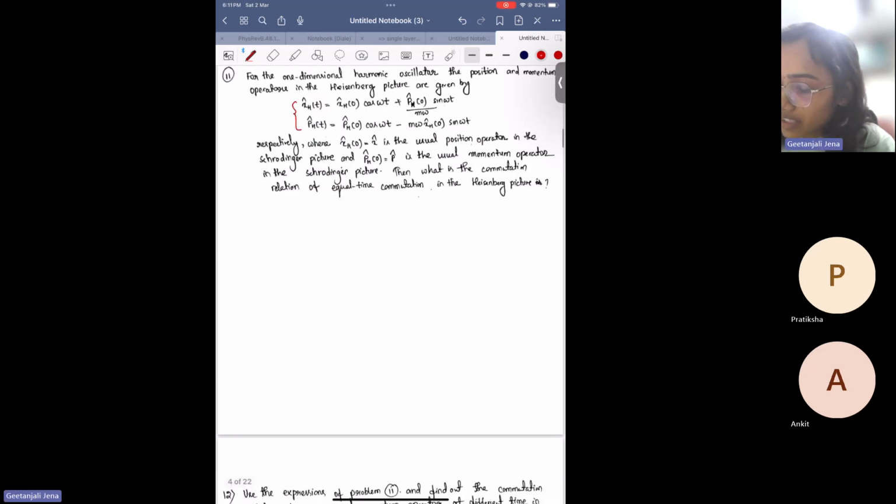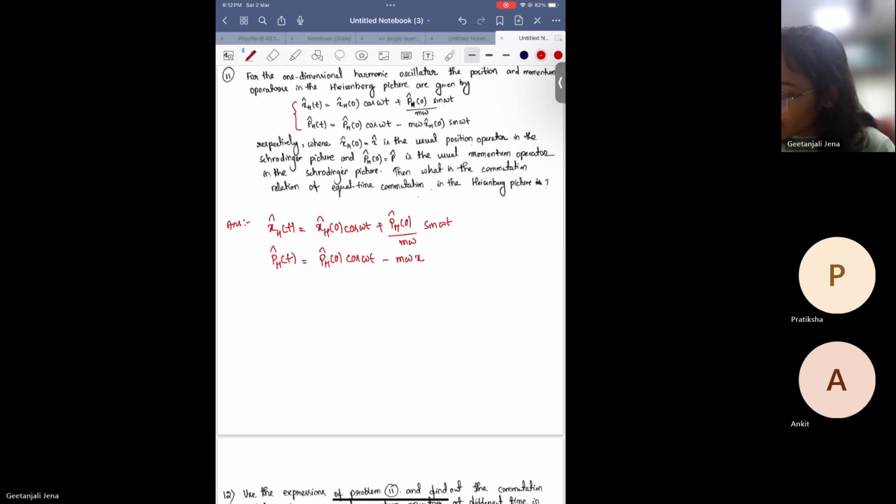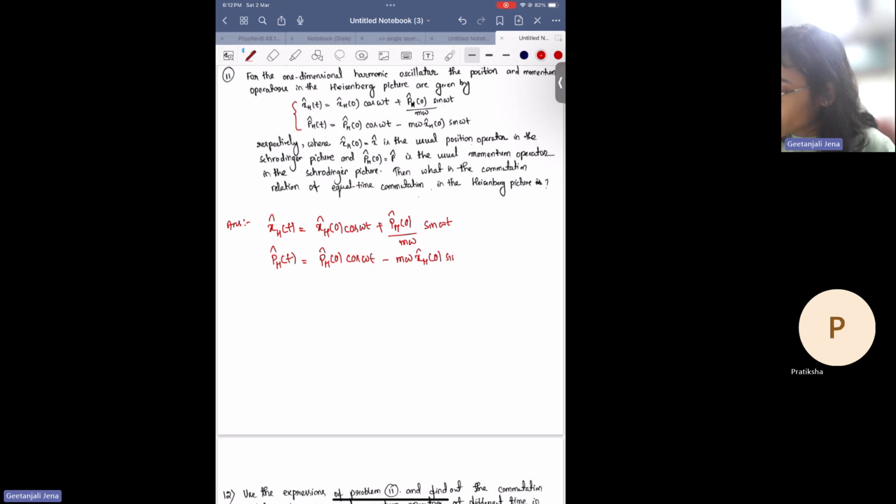One is, let me write first, the position representation in the Heisenberg picture, which is x equal to x0 cos omega t plus p0 divided by m omega sin omega t, and the other is the momentum expression, which is p equal to p0 cos omega t minus m omega x0 sin omega t.